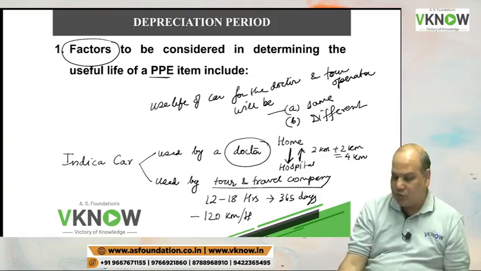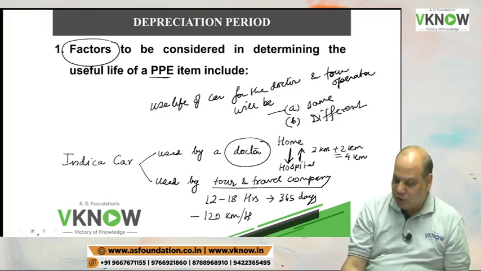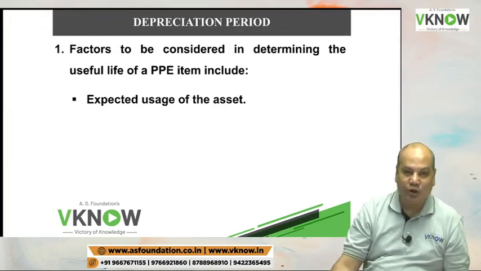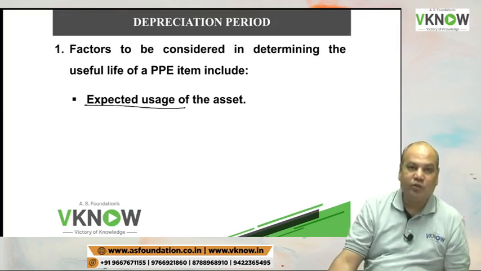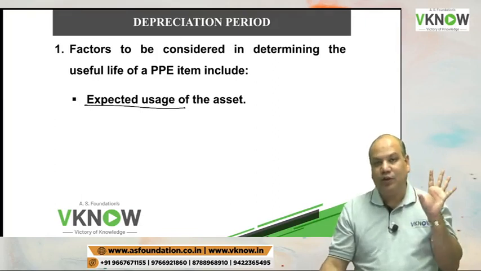Sanket, Sakshi, Usha, Tanya, Chaurasia, Kalyan, Khushbu. So all of you are saying the useful life will be different. Then how did you come to that decision? I had not told you what you have to take into account. So one has to see the expected usage of the asset. A doctor uses 4 hours a day, 4 kilometers per day, 5 days a week.